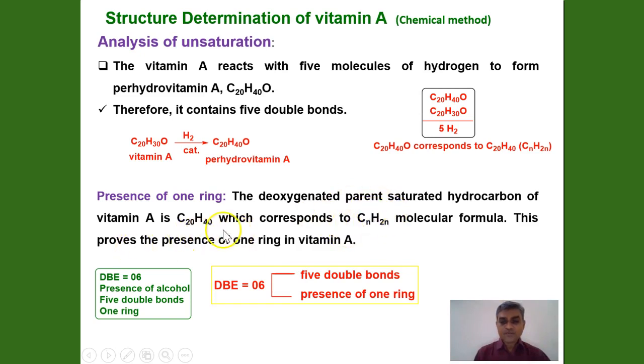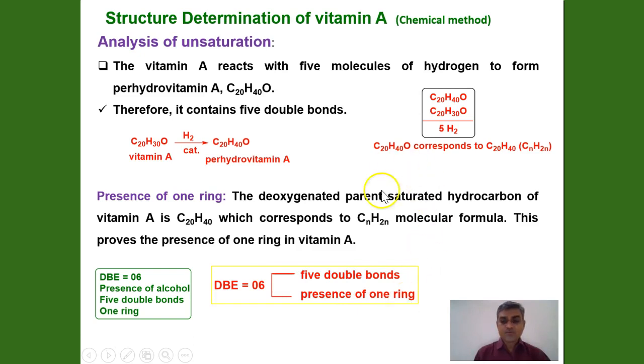Therefore, on the basis of this chemical arithmetic and the hydrogenation experiment, we can assume that vitamin A contains one ring. So this hydrogenation experiment has given us two important points about the structure of vitamin A: it contains 5 double bonds and one ring.